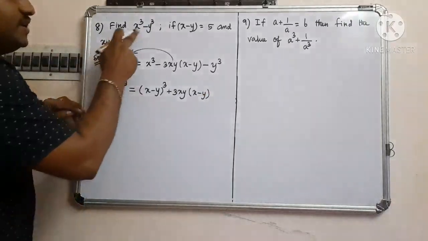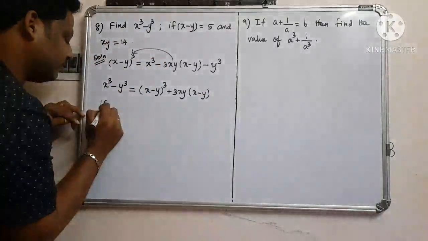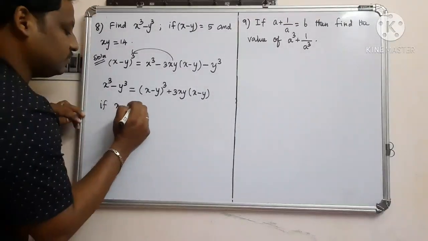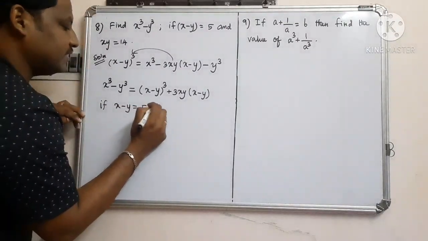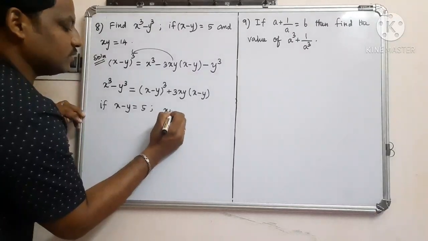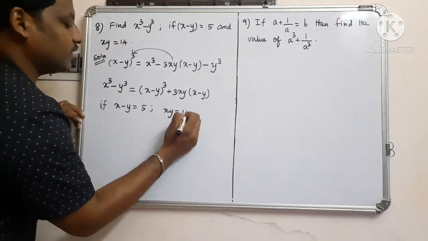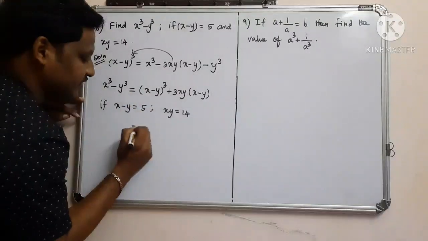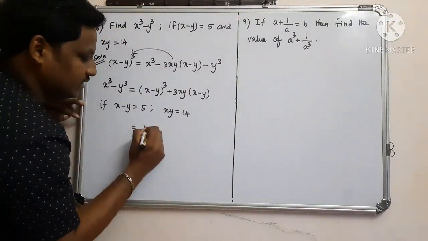So now we know that x minus y value is equal to 5 and xy value is equal to 14. Substitute these two values into the formula.